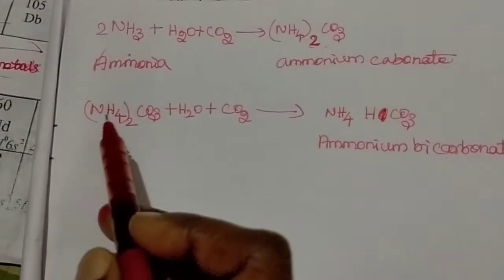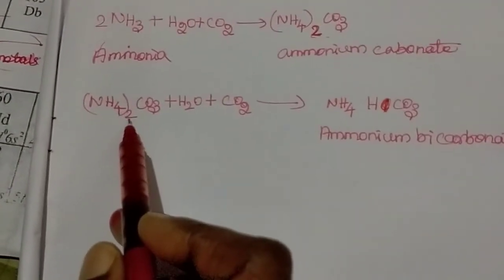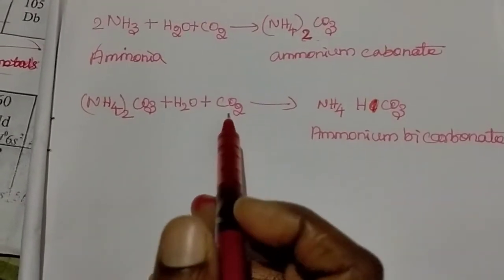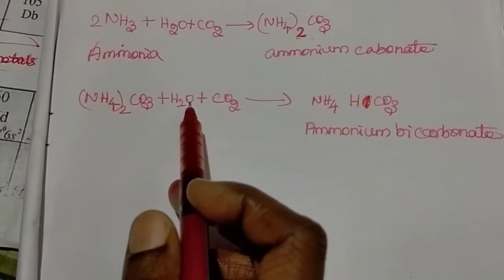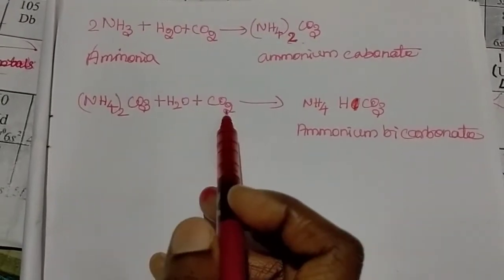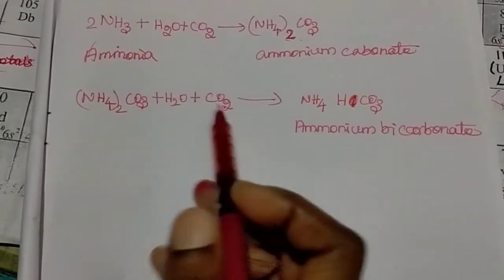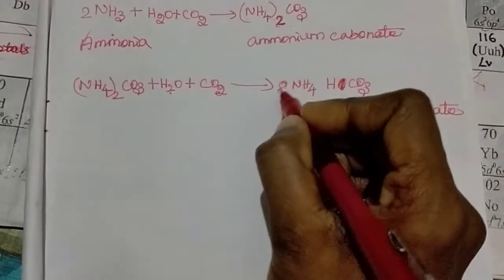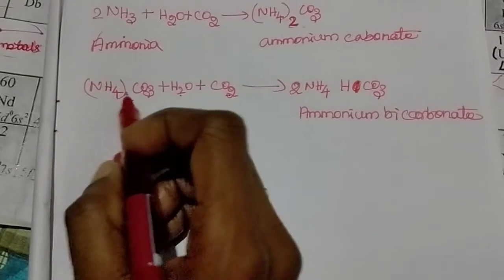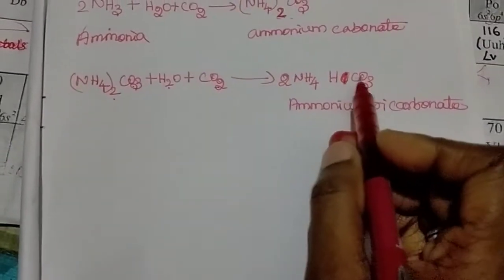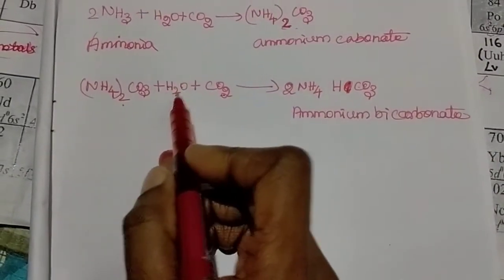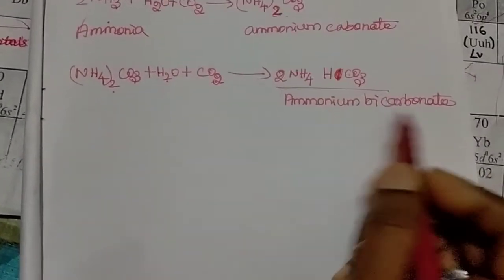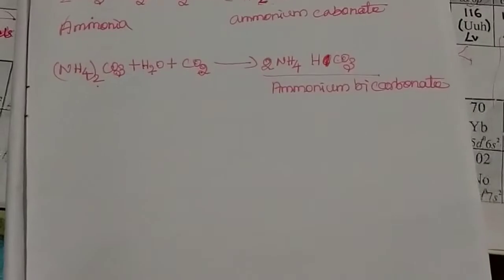Balance this equation. (NH4)2CO3: here one CO2 is combined with the O, so it becomes CO3. So 2 molecules of CO3 and 2 hydrogen, so we can write 2 NH4HCO3. NH4HCO3 is the formula of ammonium bicarbonate.